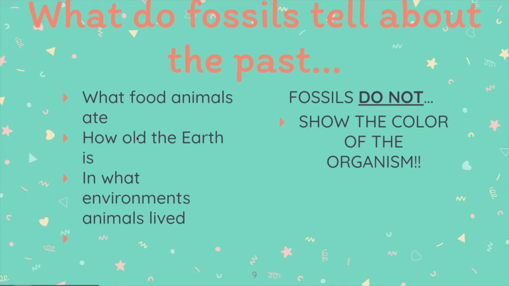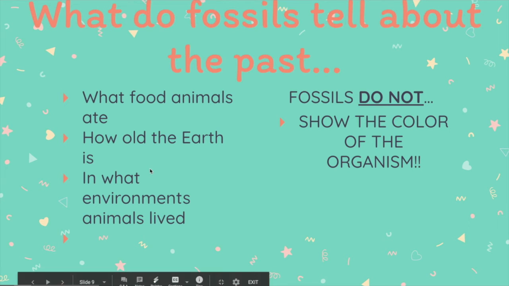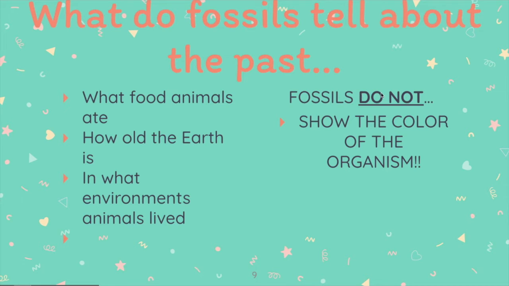While we are able to learn all this information about fossils, fossils are only an imprint. So fossils do not and cannot tell us the color of the organism. Fossils cannot tell us what color fur an animal had.